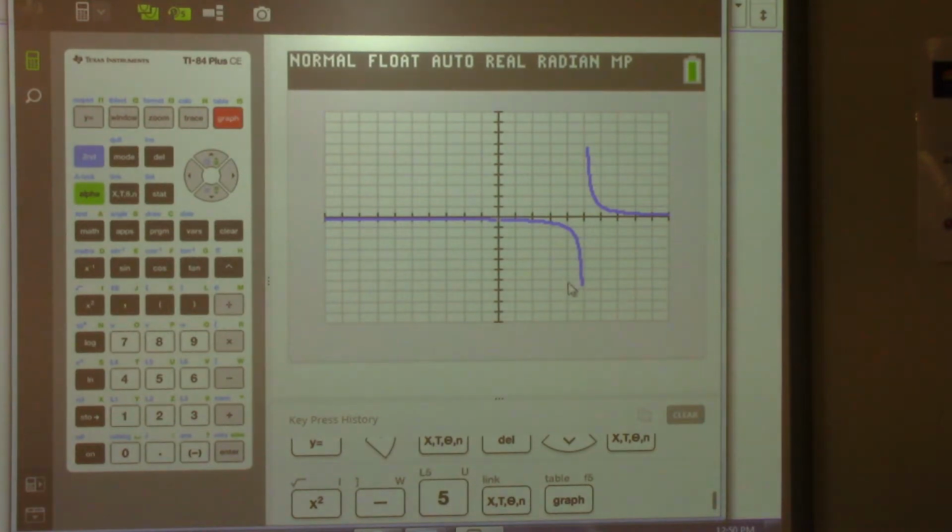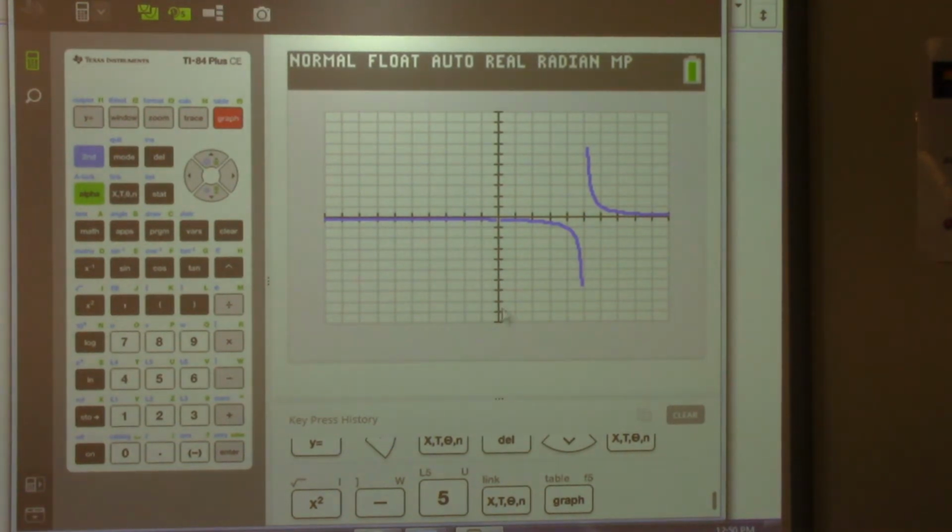Vertical. Okay, that's part of it. Part of it, vertical what? Okay, vertical asymptote. What else do we call this thing? Starts with an I. Okay, we call it infinite discontinuity.